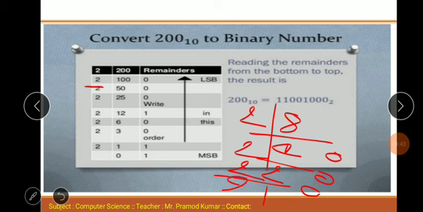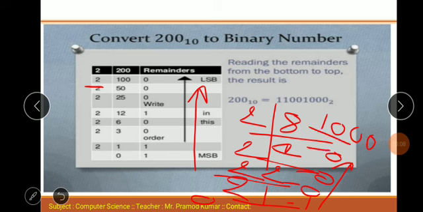Then divide 1 by 2, 0 times and remainder 1. Then you write 1 0 0 0, because you write from the most significant bit to the least significant bit, lower to upper side. So here you write first 1, then 0, 0 and 0 like this.